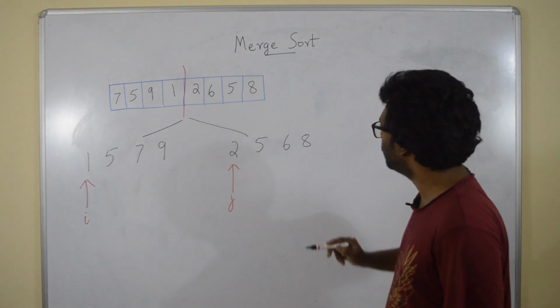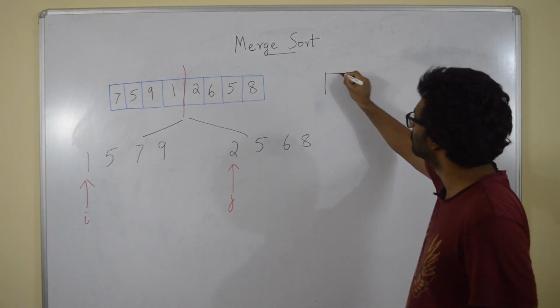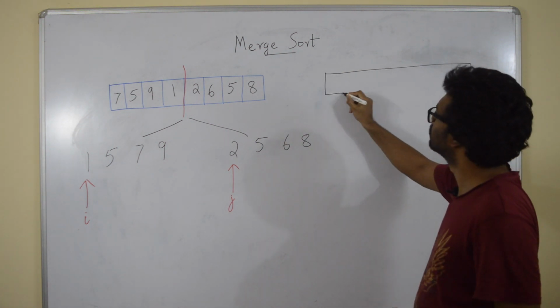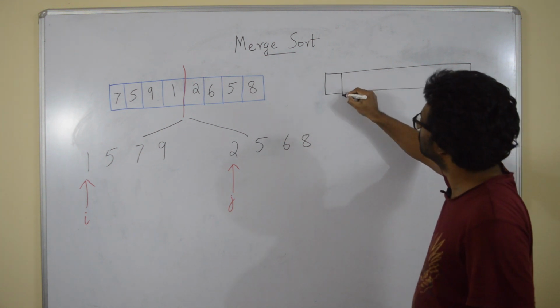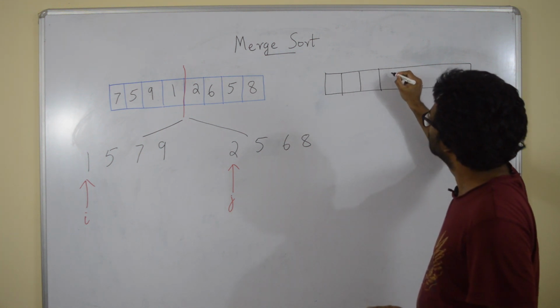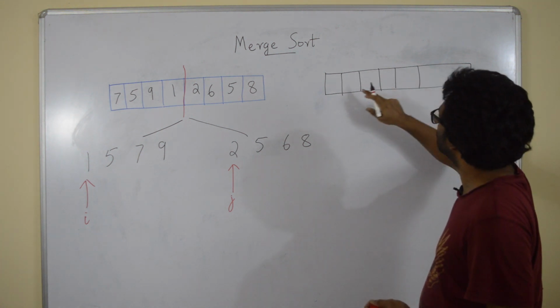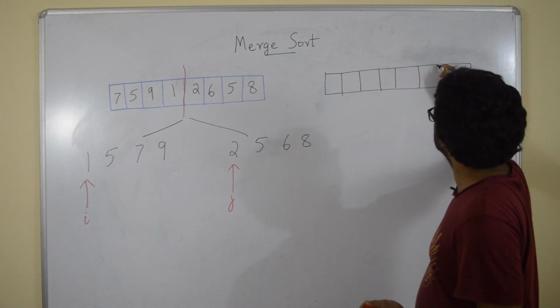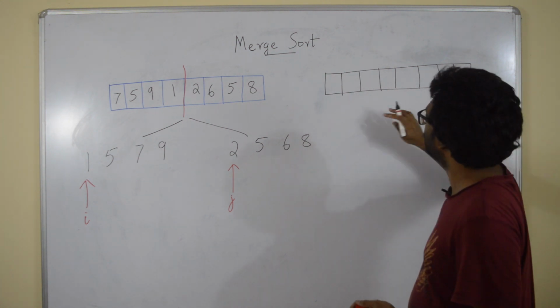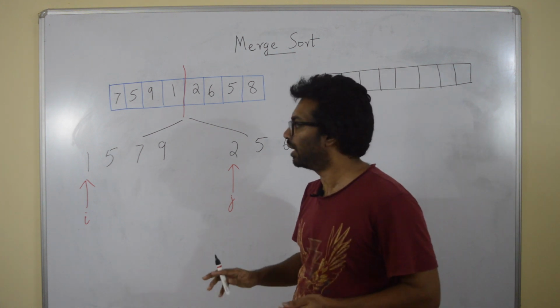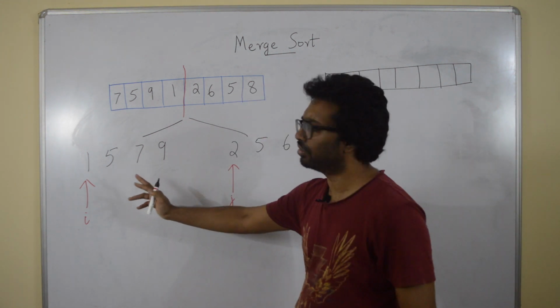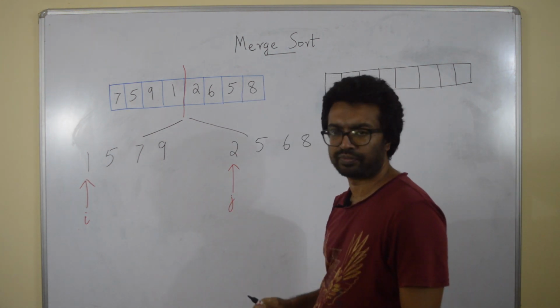I'm going to have a new array here, again 8 elements, and we have two pointers i and j pointing to these two locations.